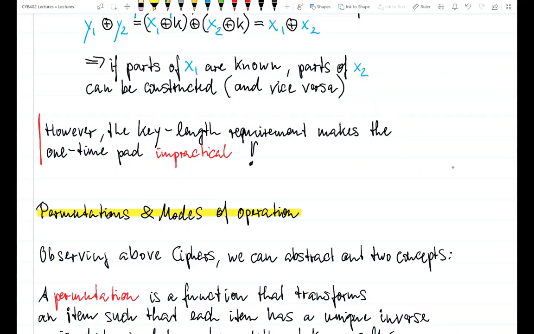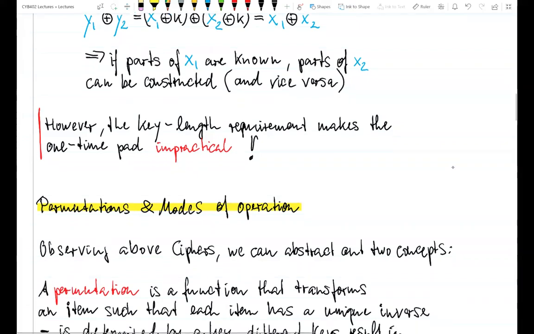And the other danger is that you may reuse a key, which is not a good idea either, as you know already now. So that's the reason why the one-time pad is not practical, but it actually defines a milestone.